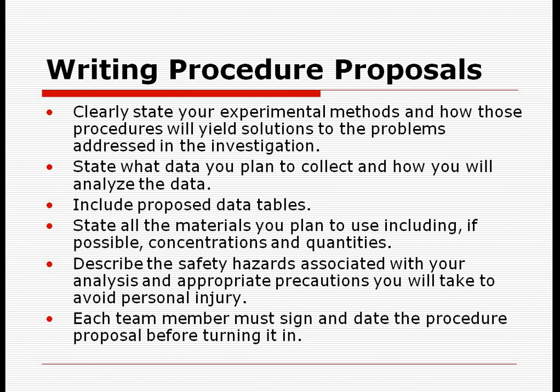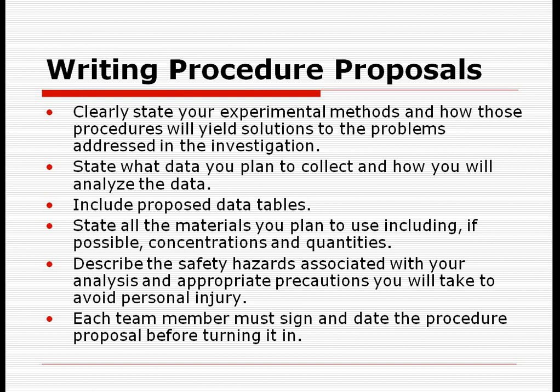Writing the procedure proposal. Clearly state the experimental method and how those procedures will yield solutions to the problem addressed in the investigation. Second, state what data you plan to collect and how you will analyze the data. Next, include proposed data tables.